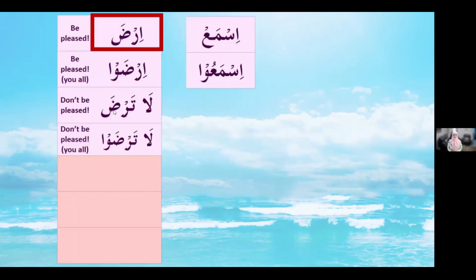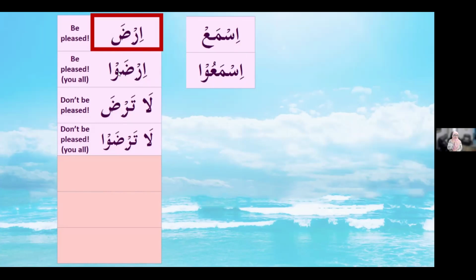Okay, so we got the word irda. Now if you want to make the plural, like isma, isma'u. So irda, woo becomes, again there's a fatha there. Isma'u was easy because there's a sukun. But here there's a fatha, irda, and how do you make woo?